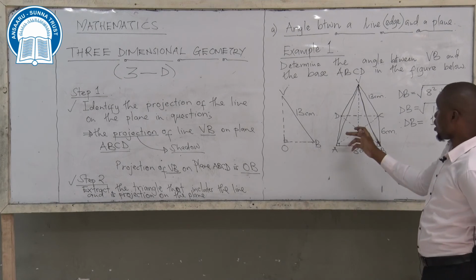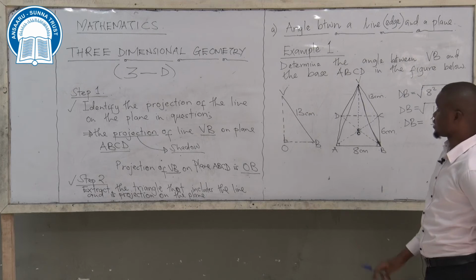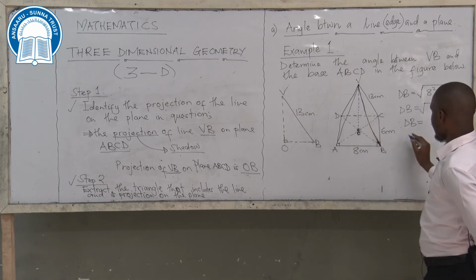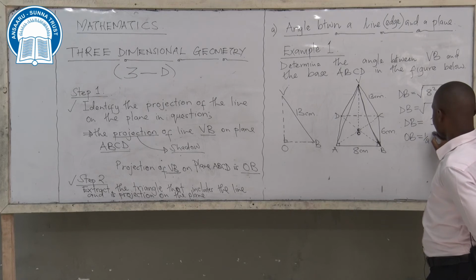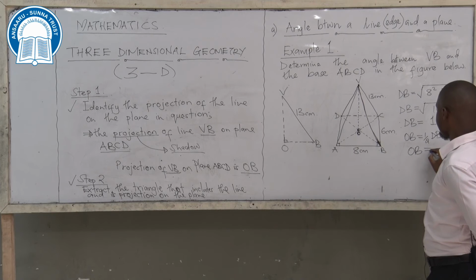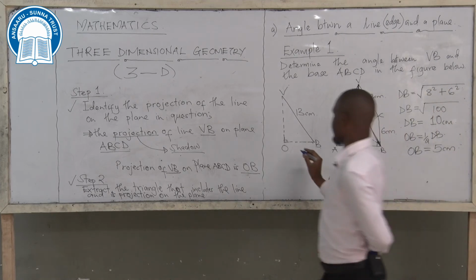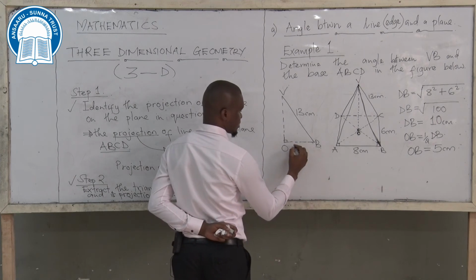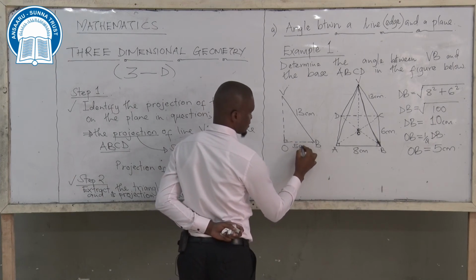But since O is the point of intersection of the two diagonals, that means it is the center of the base. And that means OB is a half of DB, and makes our OB be how many centimeters? 5 centimeters. So we can also extract that there and say that this is 5 centimeters.